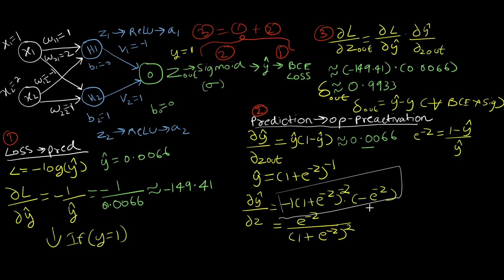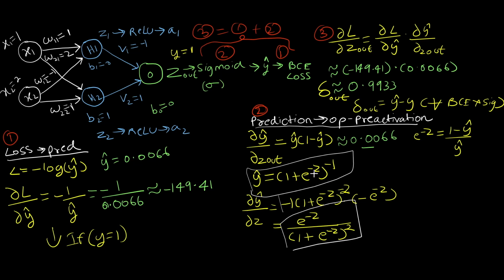So if we simplify this, we will get this term, and then we're gonna do a substitution. We have the y cap value. If we keep the e power minus z on one side and take everything else to the other side, we will get e power minus z is 1 minus y cap by y cap.